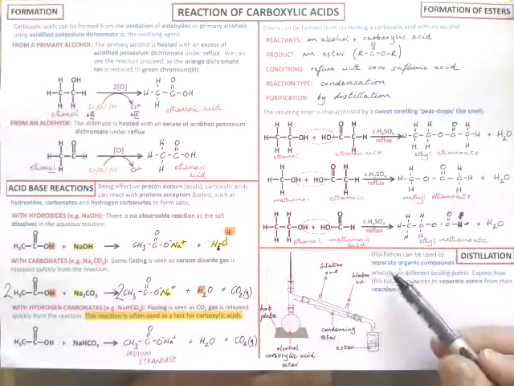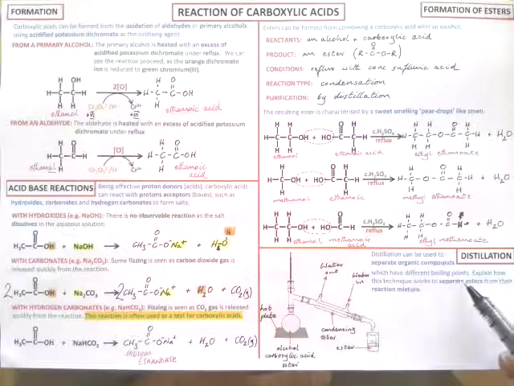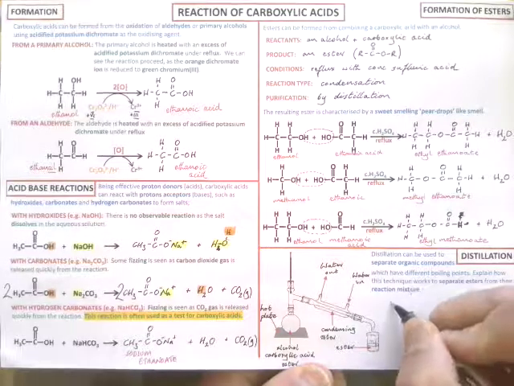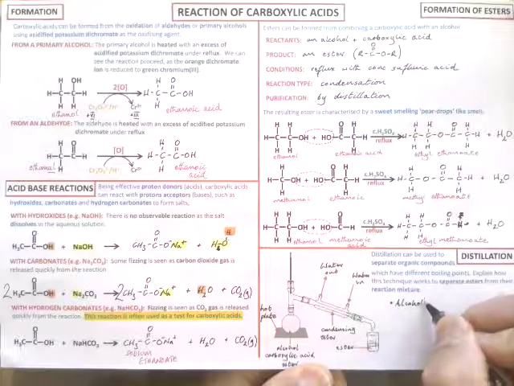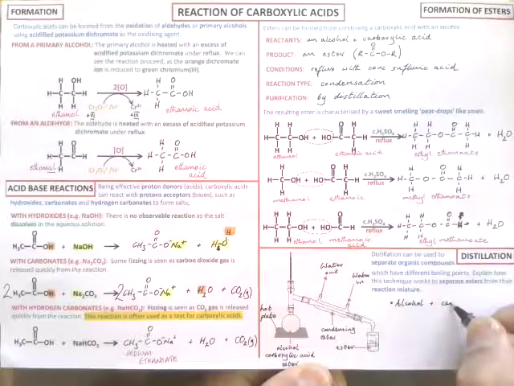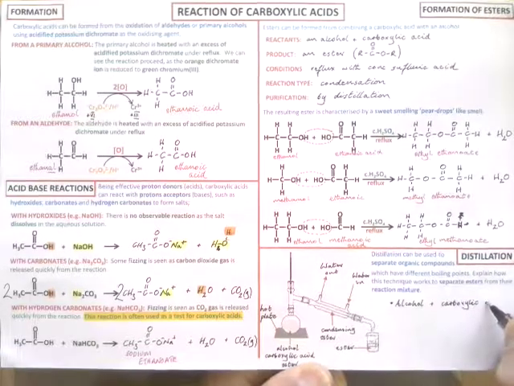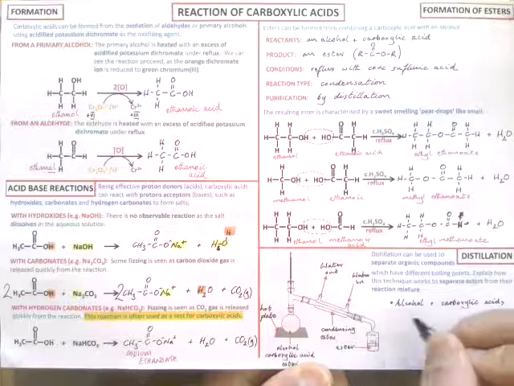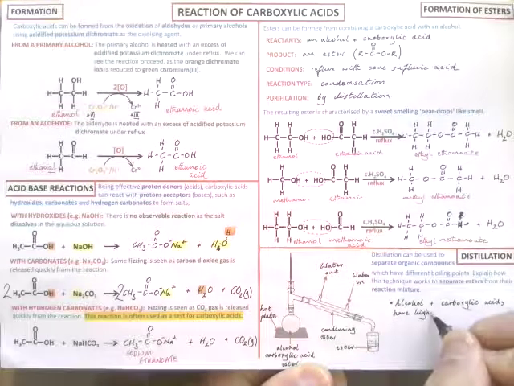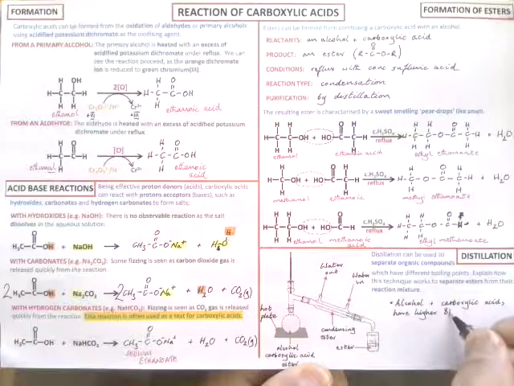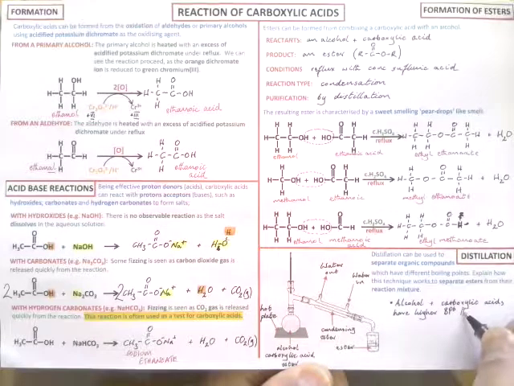So distillation can be used to separate organic compounds which have different boiling points. Explain how this technique works to separate esters. First thing to say is alcohols and carboxylic acids have higher boiling points, BPTs, a bit lazy, than esters.